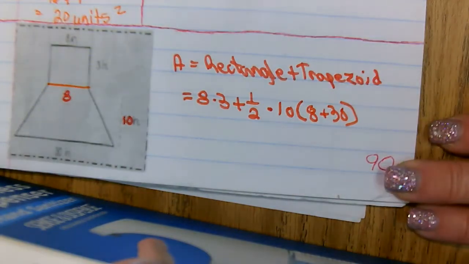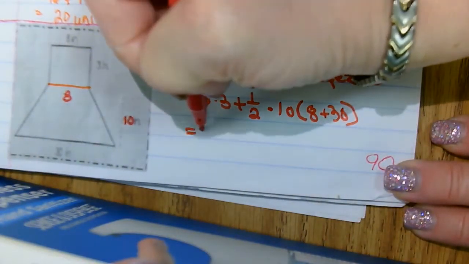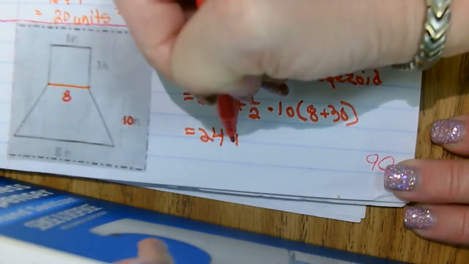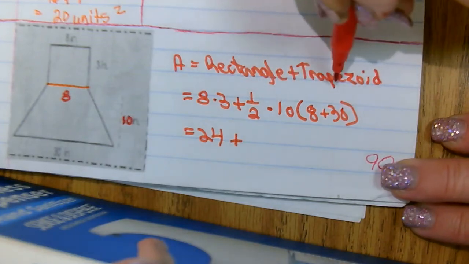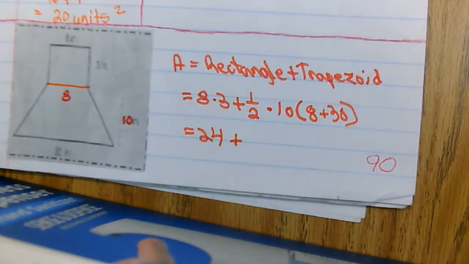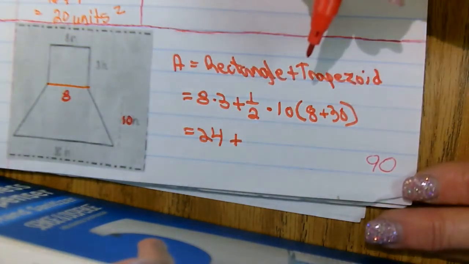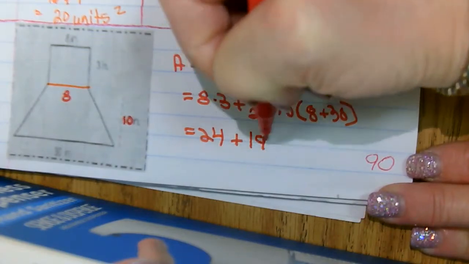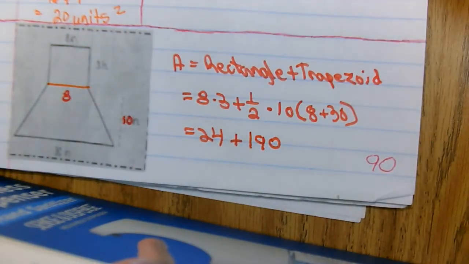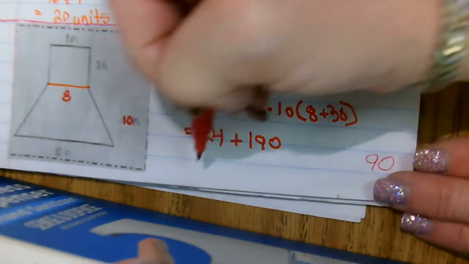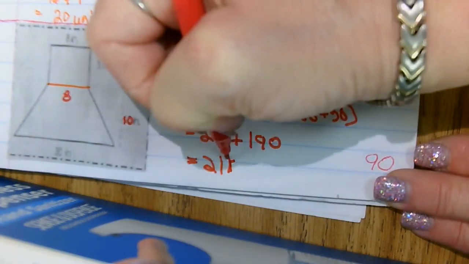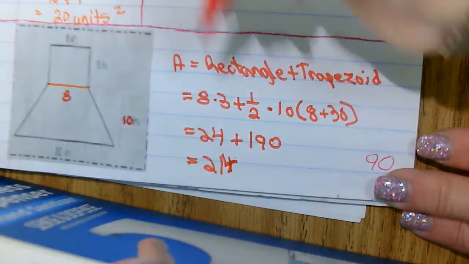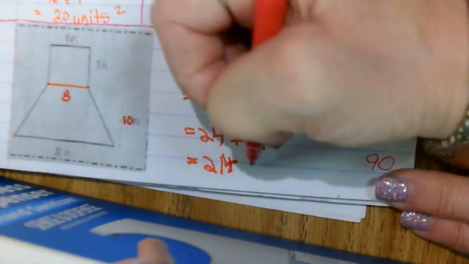So 8 times 3, that's 24, plus half of 10 is 5, and 5 times 38 is 190. Then you add 24, and that equals 214, and that is inches squared because it's area.